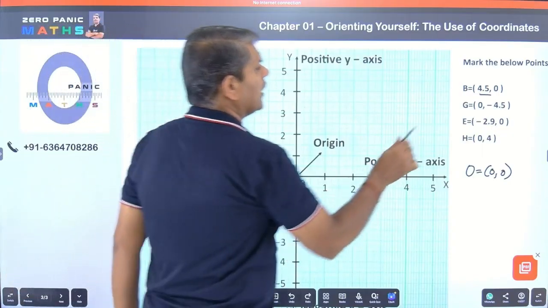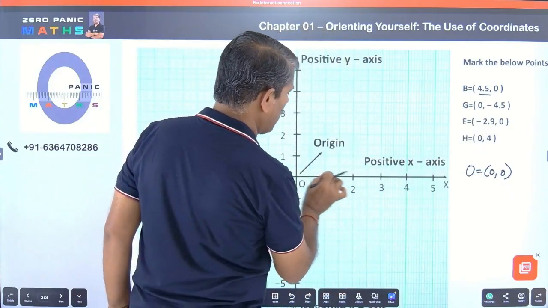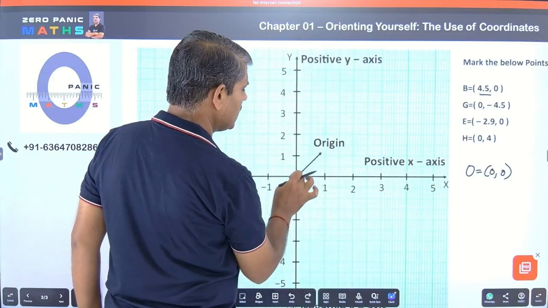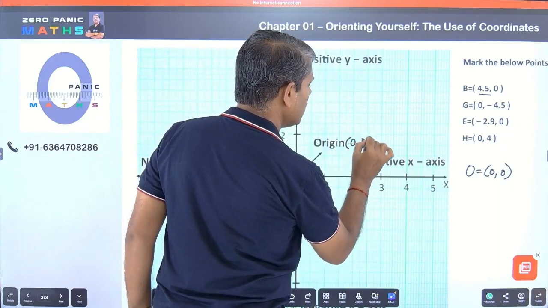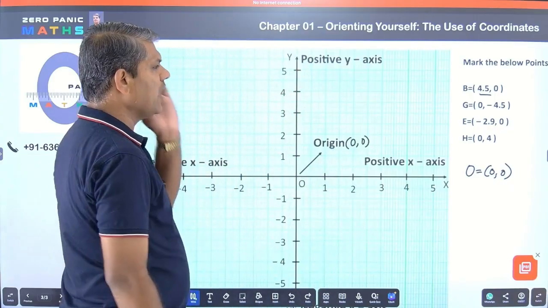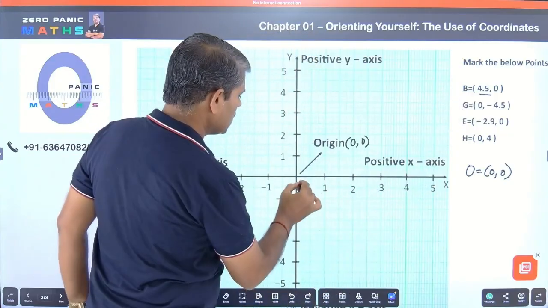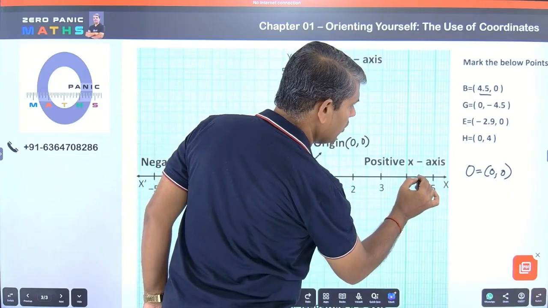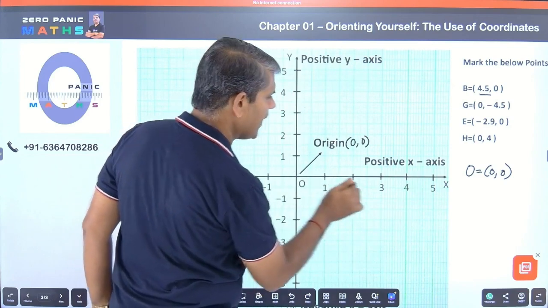Now you see that 4.5 is the x coordinate value. A positive x is always towards the right side from the origin. So this is the origin, whose coordinates are 0 and 0. You remember that always. Now it says point B, 4.5. See, this is 4.5. And what is the y-axis value? The y value is 0 only. So 0 for the y-axis is this.